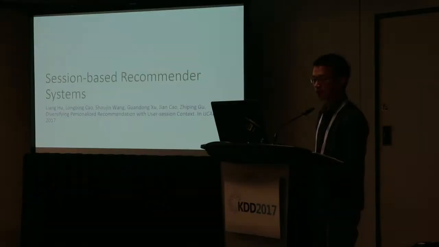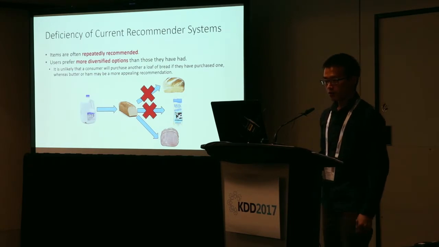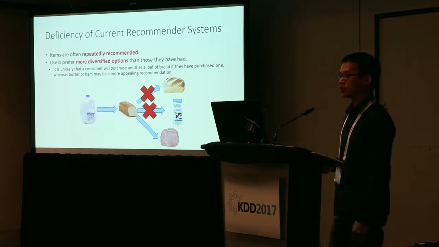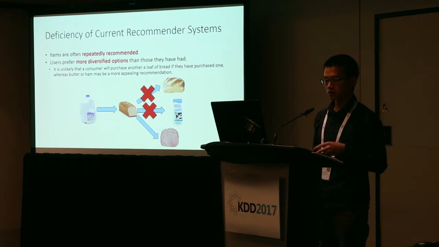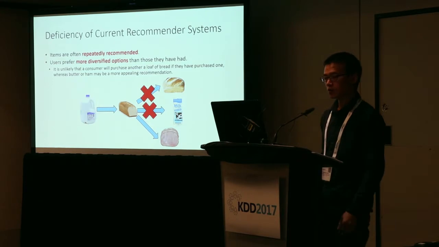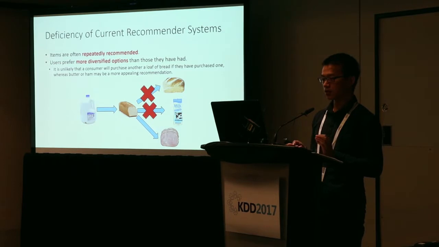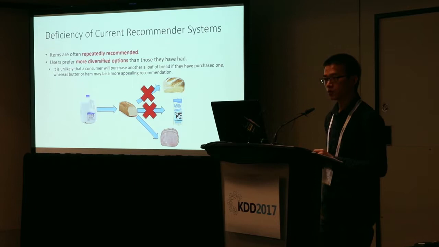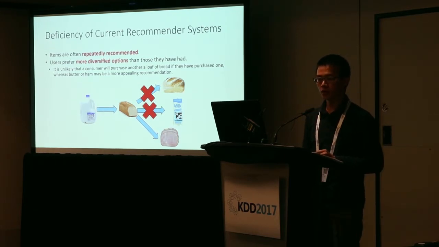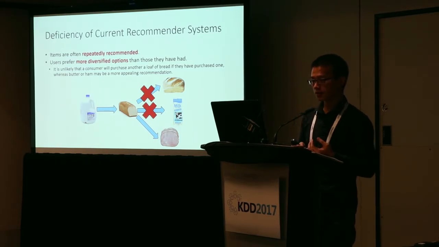Let's start with this session-based recommendation system. This work is trying to diversify the items. So this work aims to diversify the items recommended to the users. One typical problem in recommender systems is that some items recommended are repeated or duplicated.